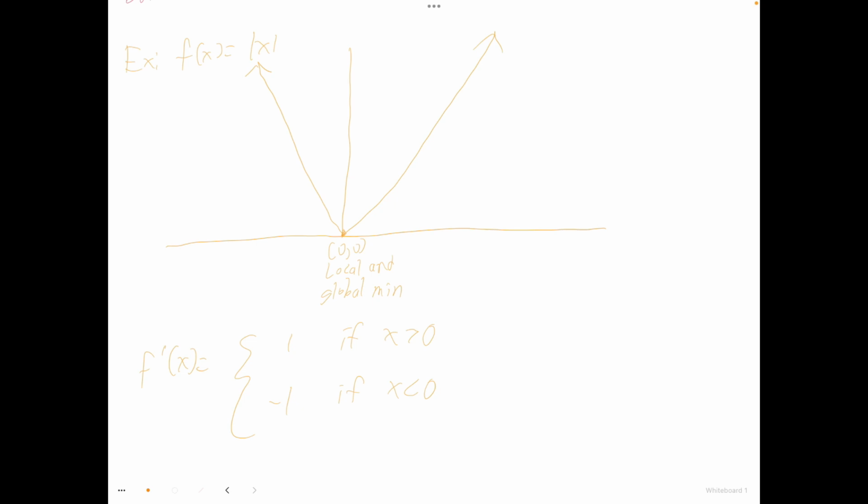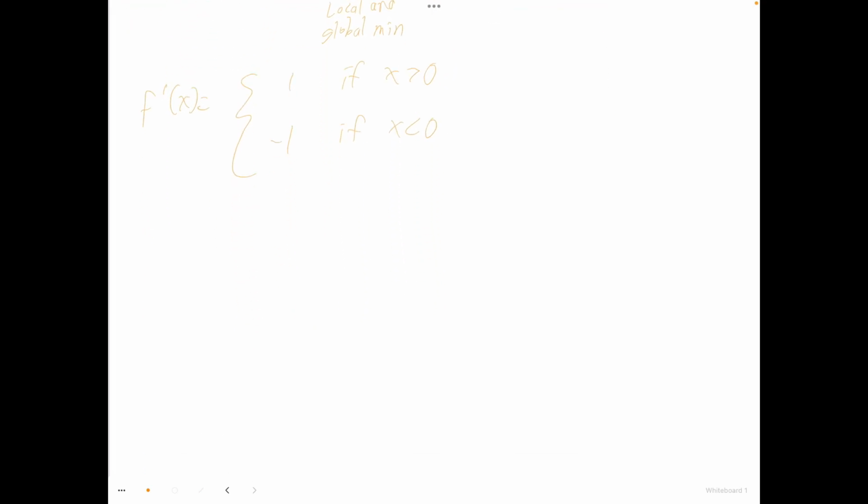So we have a local and global minimum at 0, but the function's derivative does not exist there. So it's possible that the derivative does not exist at a point as well. Those are two things to be aware of. The derivative could be 0 there, but that doesn't mean you have a min or max. And just because the derivative doesn't exist there doesn't mean you can't have a min or max there either.